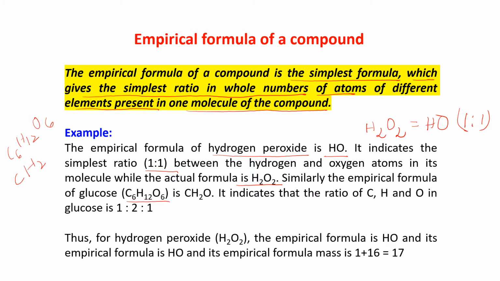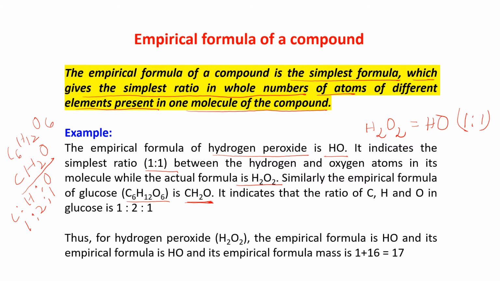This is the simplest formula that indicates the ratio of the atoms carbon, hydrogen and oxygen. Carbon is to hydrogen is to oxygen, in the simplest ratio, it is giving 1:2:1. So this is your empirical formula. CH2O is the empirical formula of glucose.